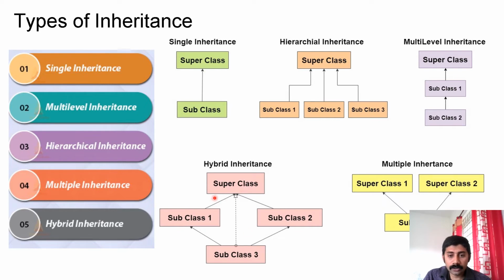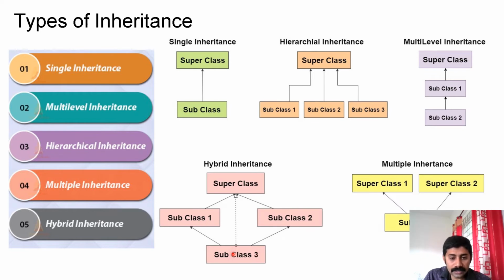Hybrid inheritance is a combination of the other types of inheritance, where the notable point is that properties of one superclass can reach the derived class in different routes. Here, the superclass has certain properties which are inherited in class 1 and class 2.